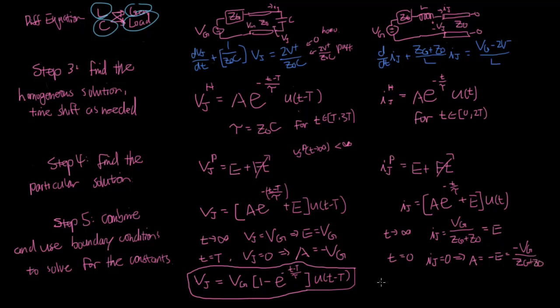Putting all that together, we get our solution for Ij, which is Vg over Zg plus Z0. We factor that out, just like we did with the voltage expression: 1 minus e to the minus t over tau, u of t. And that is our solution for this circuit.